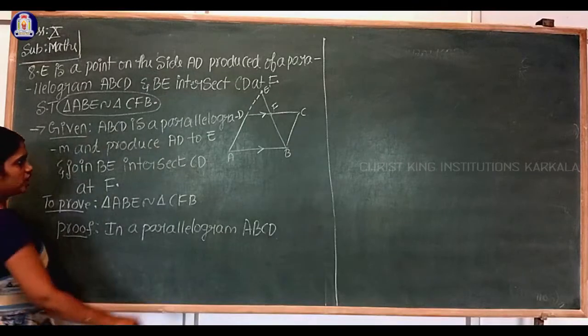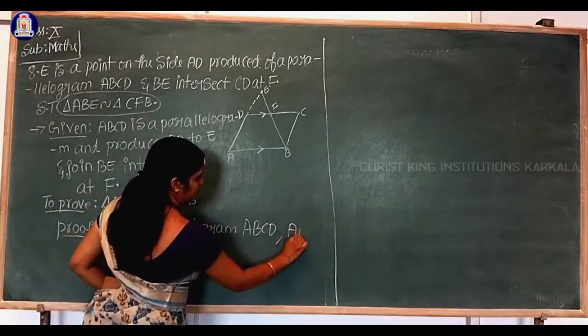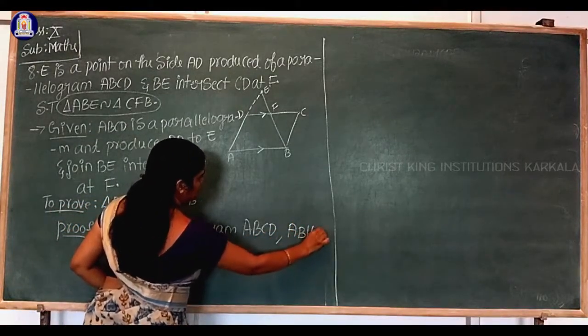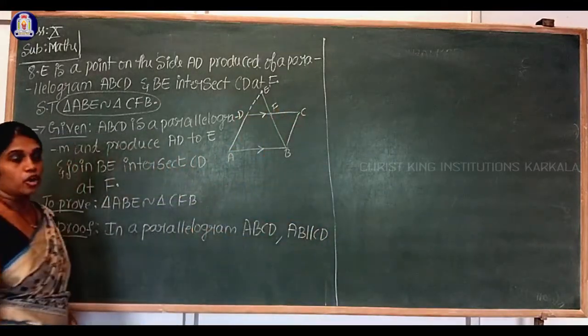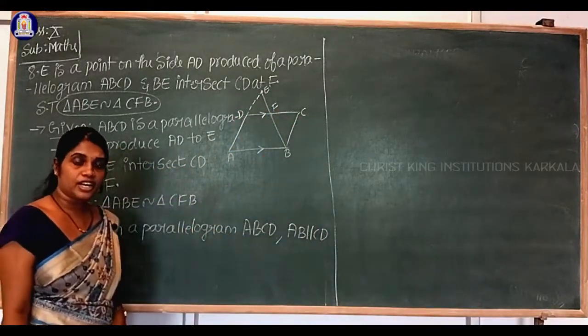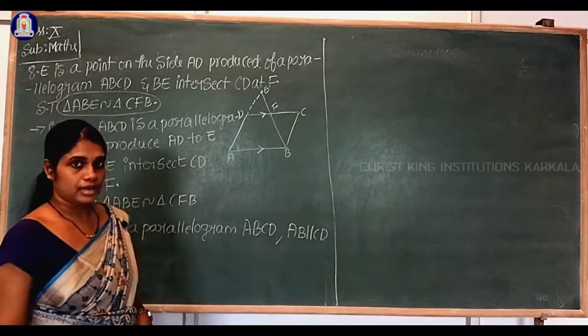So I'll write here AB is parallel to CD. Why? Because in a parallelogram opposite sides are parallel.